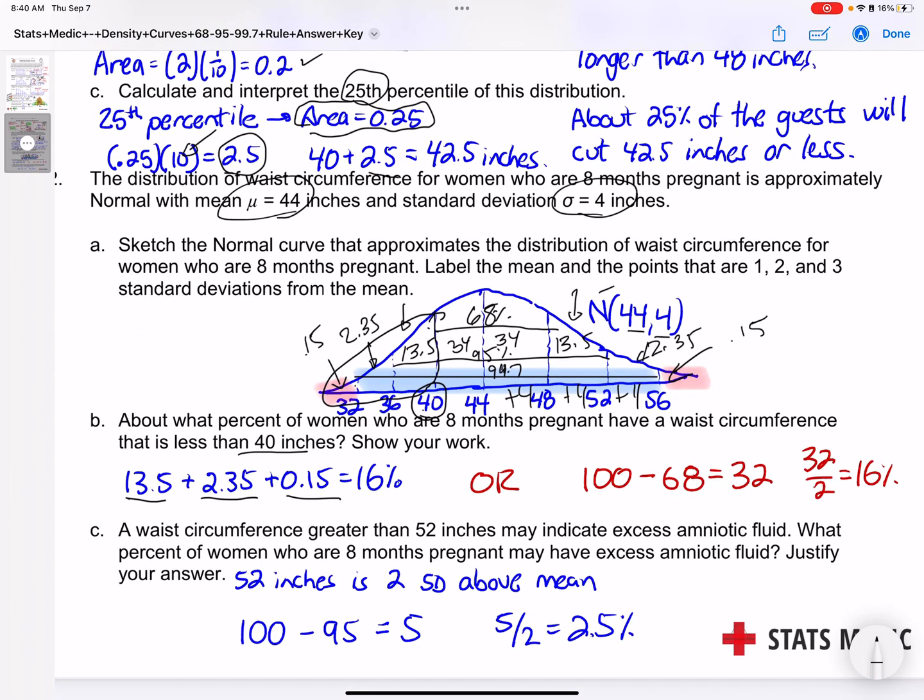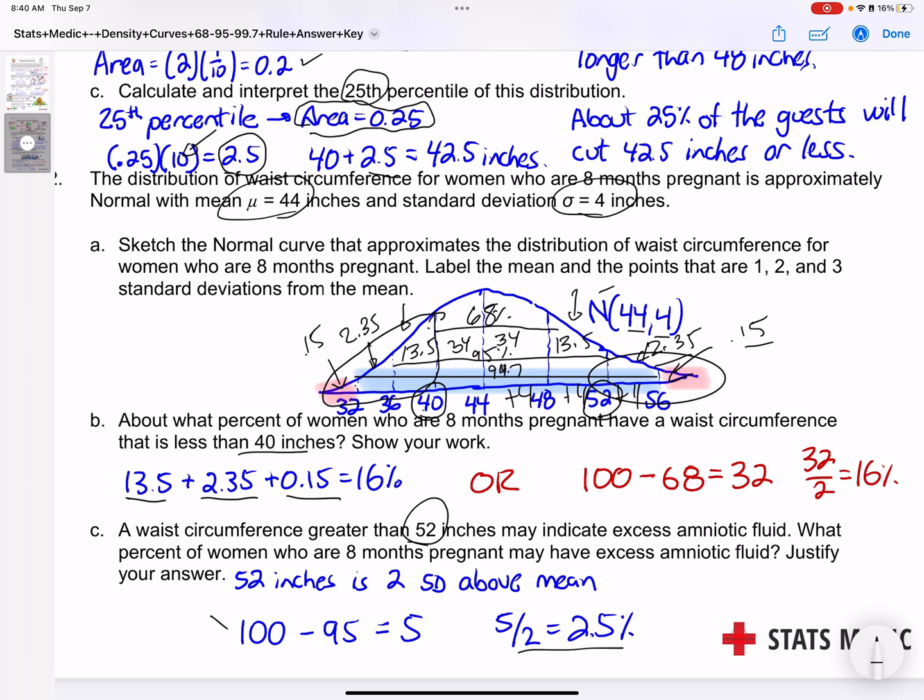For this one, greater than 52 inches may indicate excess amniotic fluid. What percent of women who are 8 months pregnant may have excess amniotic fluid? 52 or more is this area right here. You can add these two values together to get 2.5%.